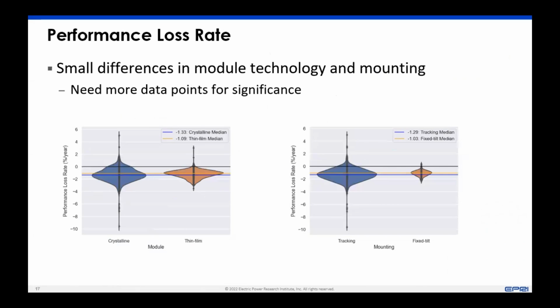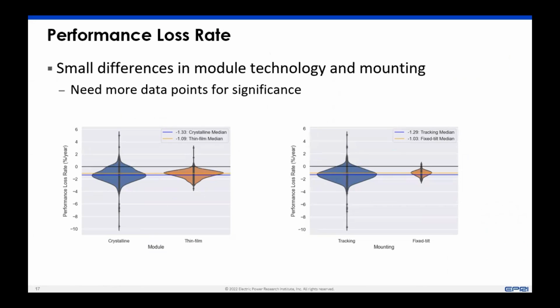We also compared two different technologies. The left graph shows CdTe versus crystalline. You see CdTe slightly better here, but there's no significance yet, so more data will probably tell later.